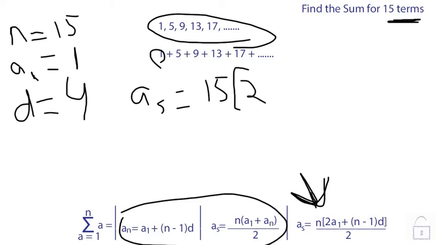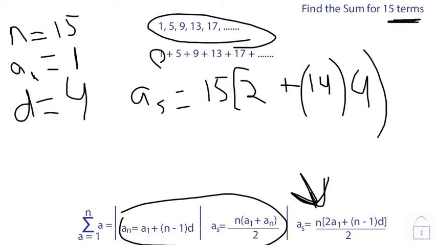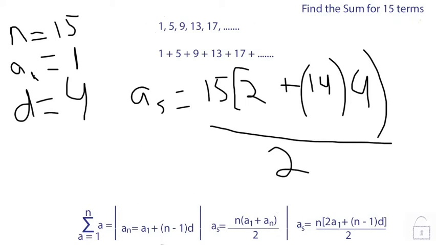So 2 times 1 is equal to 2, so I'm not going to bother with writing it, plus n minus 1, so n minus 1, 14. Alright, so d is 4, so multiply that by 4. Alright, and that is all over 2. Alright, I'm going to clean some stuff up for you guys. Now I've cleaned the board up, let's clean this problem up.